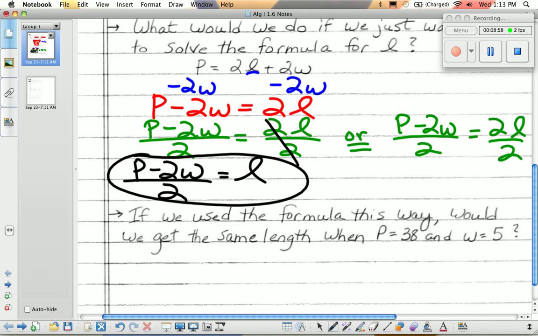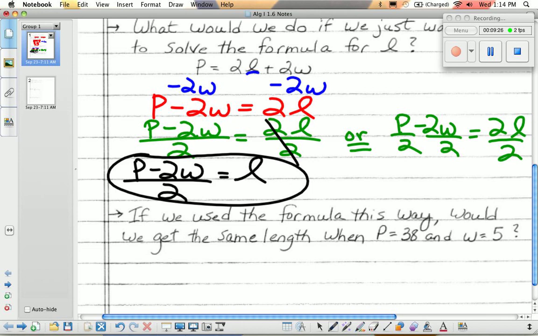We're dividing both sides by 2, but instead of dividing the whole thing by 2, remember what we said? If you divide, you have to do it to every piece, right? So the P gets divided by 2, the 2W gets divided by 2, and the 2L gets divided by 2. Here we're going to divide each piece by 2.